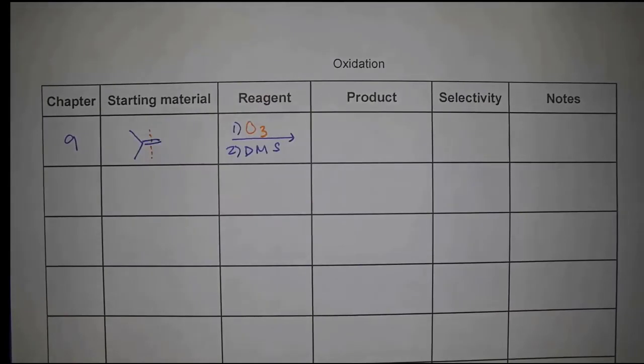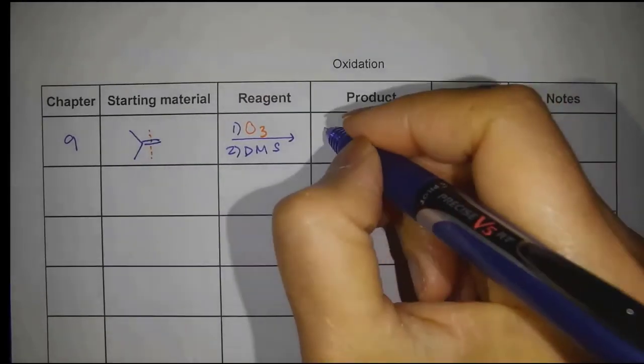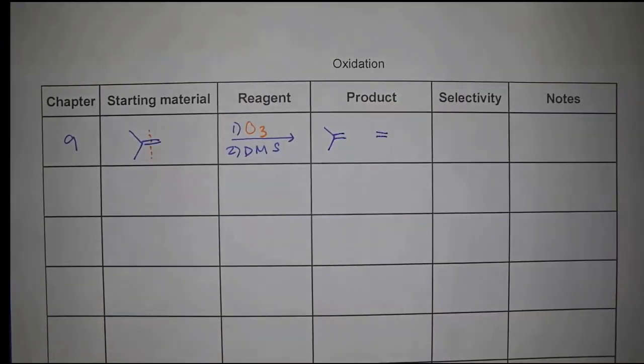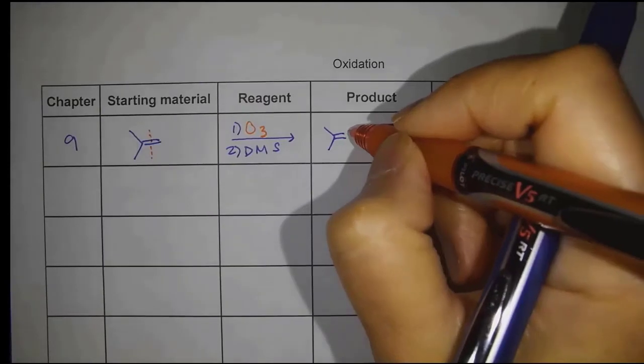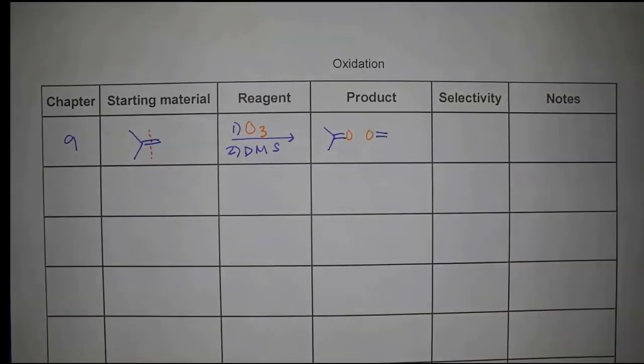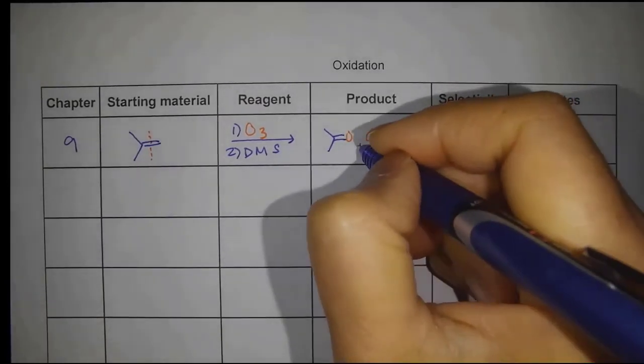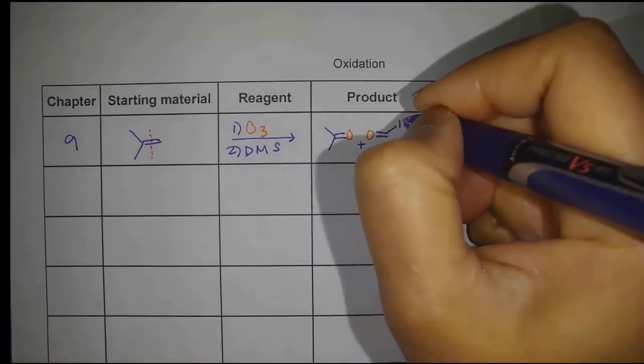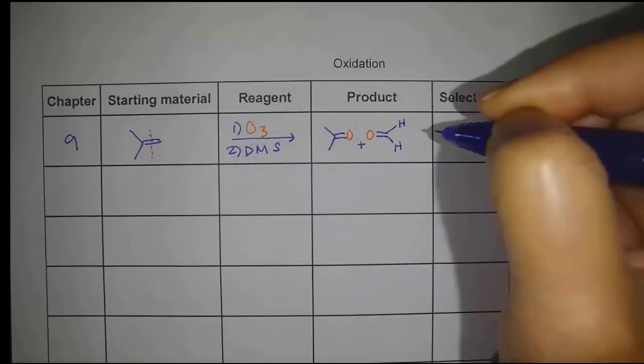So you can take a scissors, cut on the dotted lines, and then separate your 2 pieces. And we get an oxygen and an oxygen there. So your two products are a ketone, and if you want to draw the hydrogens in here that were there before, you can, and you get the aldehyde here.